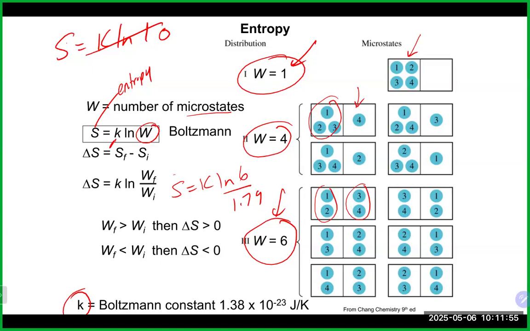So again, a much more positive value for entropy in this case, because there are multiple ways to do that. So again, more multiple ways of achieving something will result in a higher entropy value, as opposed to if there's only one or a few ways of accomplishing something, you would have a much lower entropy value. Any questions on that there?